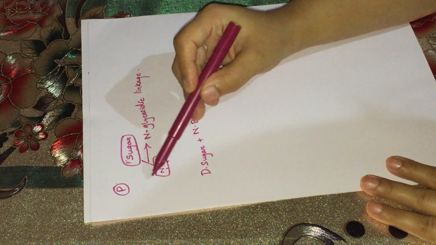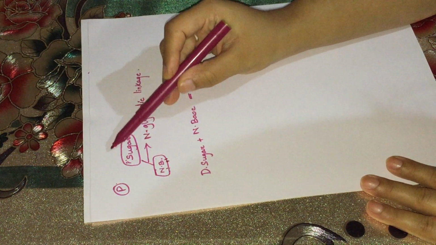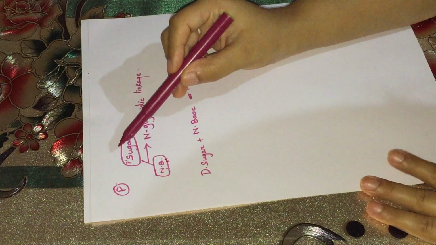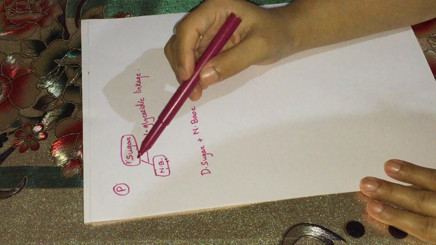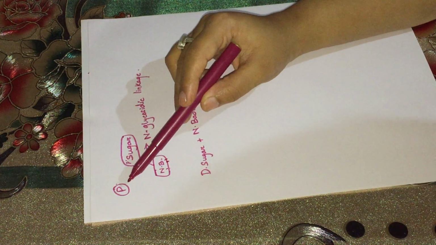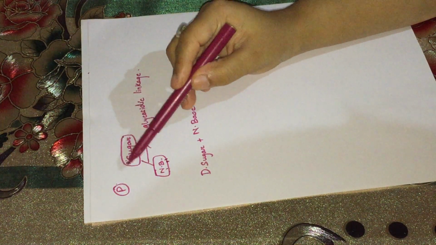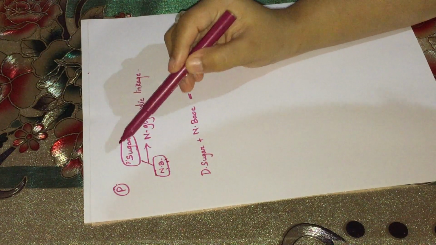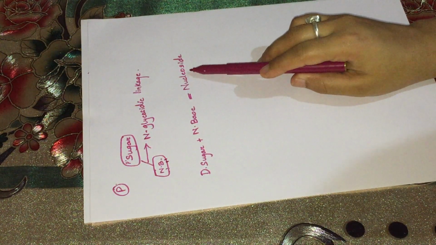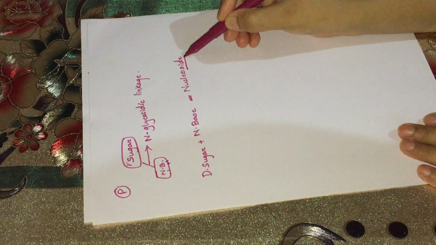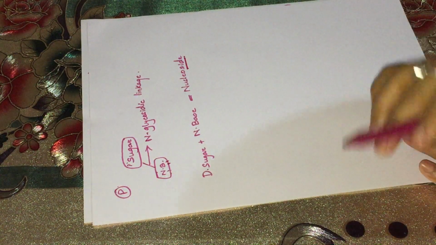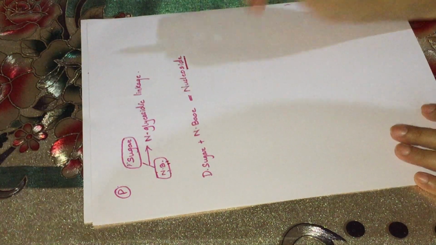These two, nitrogenous base and sugar, are not yet a nucleotide, because they are not yet linked with the phosphate group. This structure is called a nucleoside. Nucleoside, not nucleotide.